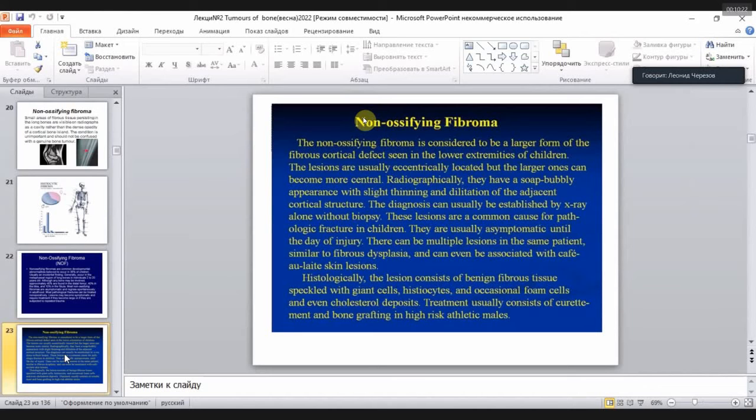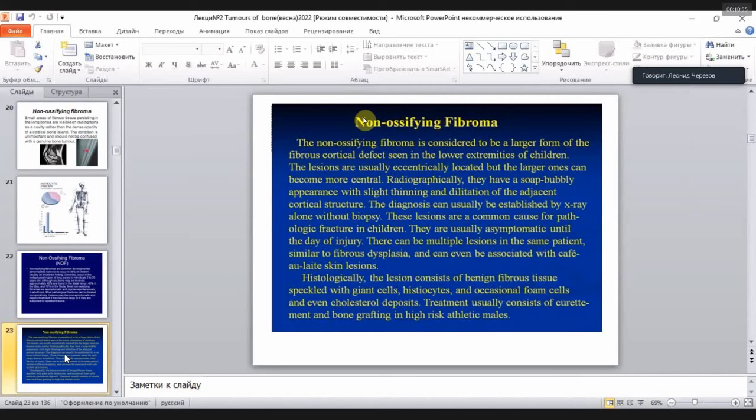Histologically, the lesion consists of benign fibrous tissue speckled with giant cells, histiocytes, and occasional foam cells, and even cholesterol deposits.